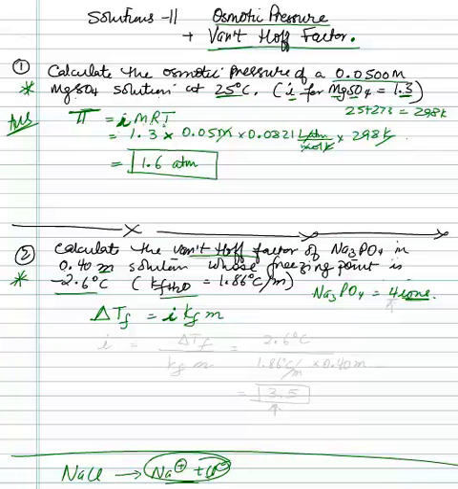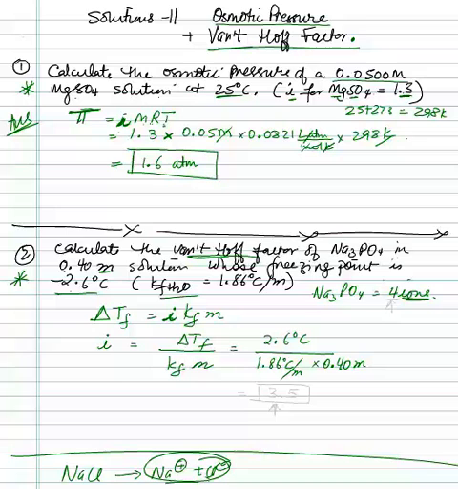So we are calculating the Van 't Hoff factor over here, which means that i is equal to delta Tf divided by Kf and then the molality. Pretty straightforward. The change in the freezing point is 2.6 degrees Celsius. Kf is already given to us, which is 1.86 degrees Celsius per molality, and then the molality is also given to us, which is 0.40 molal solution.